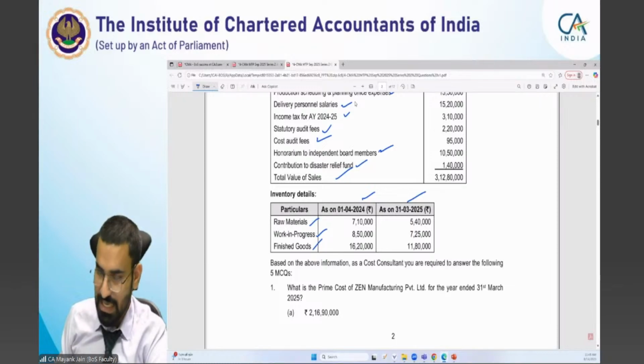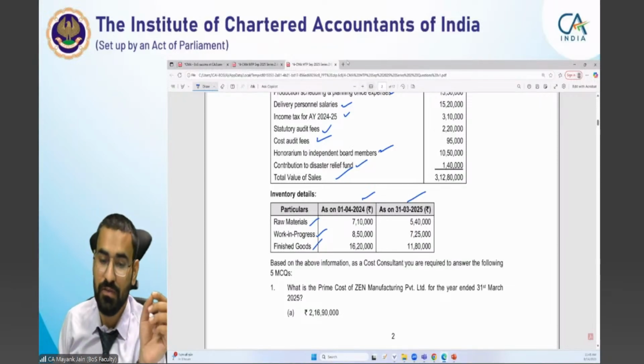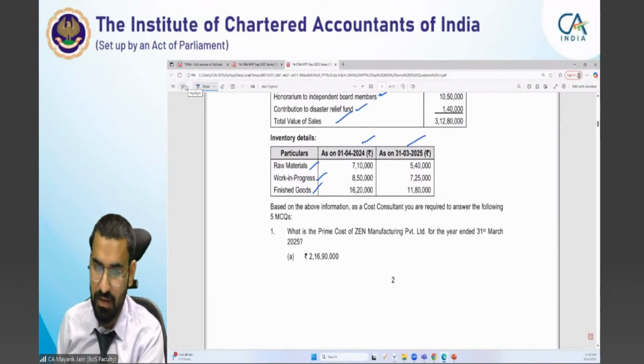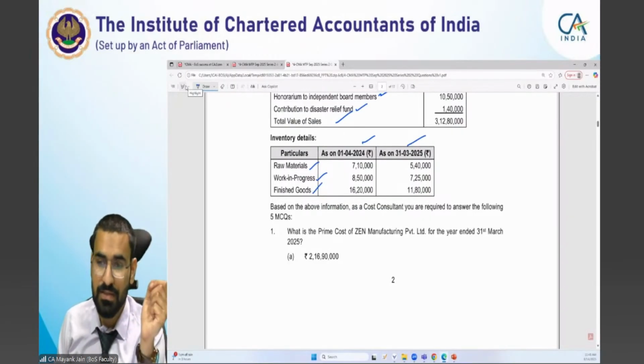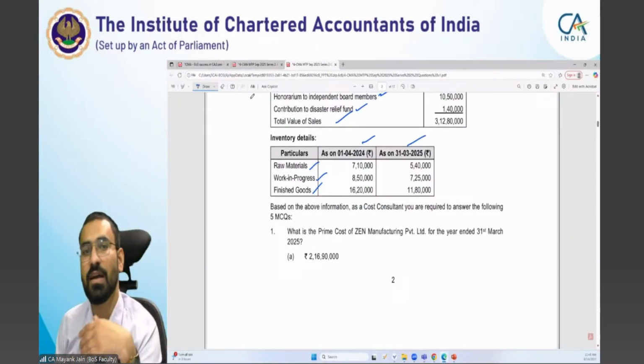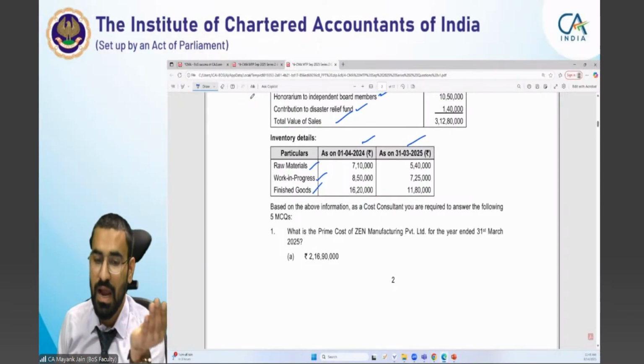So before starting with any case scenario, you have to read your question first. Now you have gone through the cost sheet. Since it is a cost sheet part, you have not wasted your time before with reading your question first. But sometimes you don't know what is the requirement of the question, you just read the case scenario, then you read the question, then again you have to read your scenarios, and you have to mark your points what is the requirement of the question.